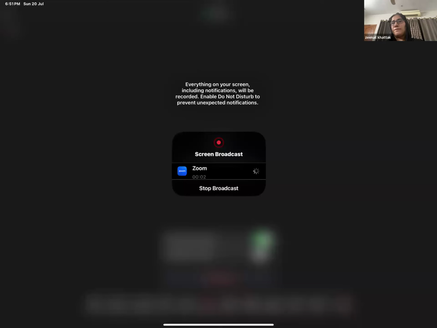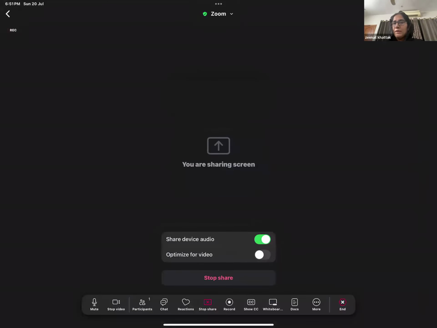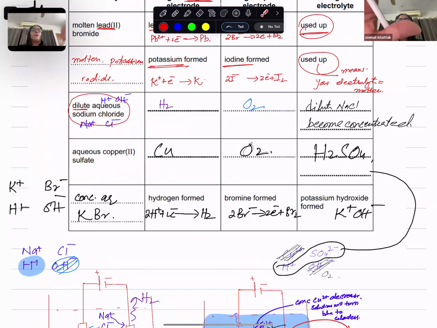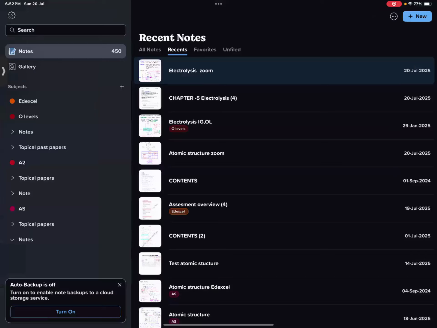So if we are starting atomic structure, your first thing is, I'm sharing my screen. And it is Notability. Wait a minute.